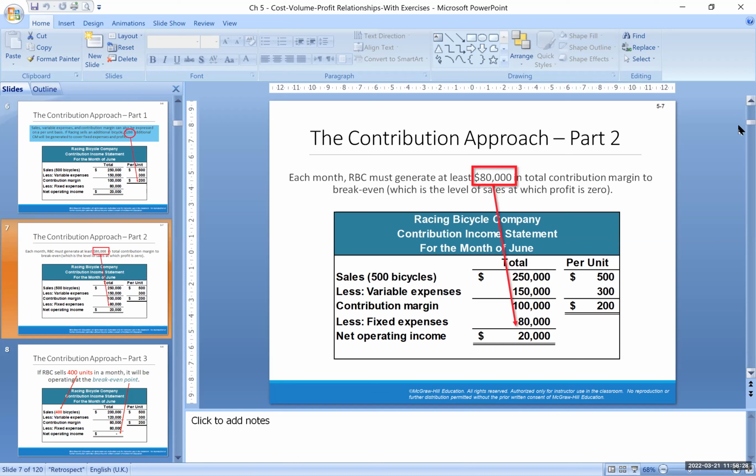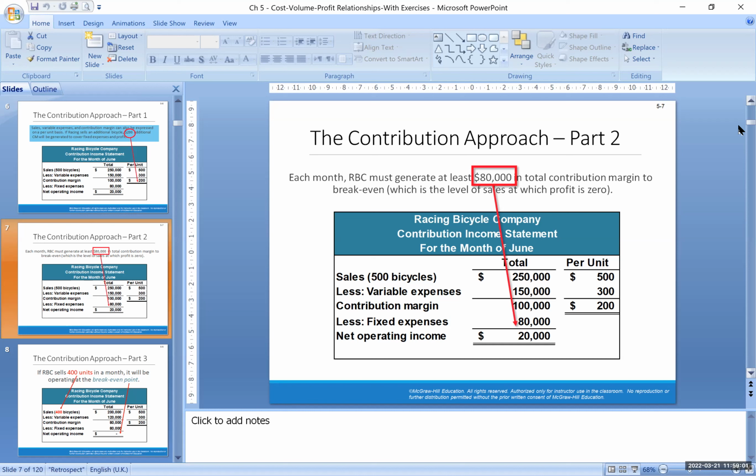Each month, a company must generate at least $80,000 in total contribution margin to break even. This is the main goal of the chapter: to explain what the contribution margin is and what break even means, which is the level of sales at which the profit is 0. Break even means the net operating income is 0.